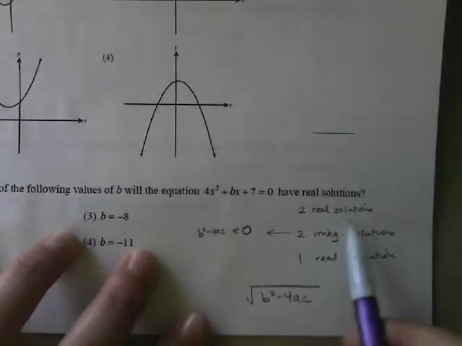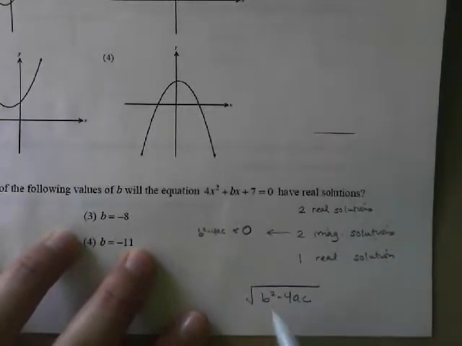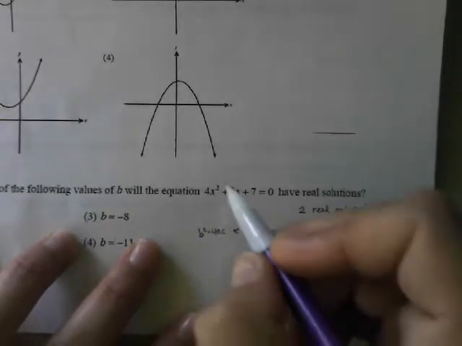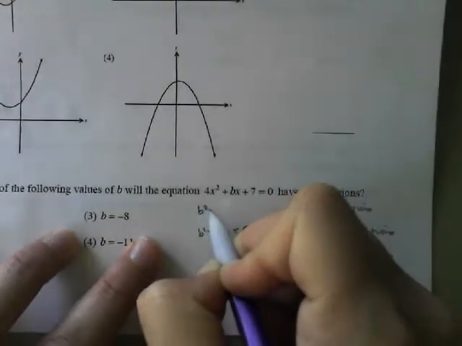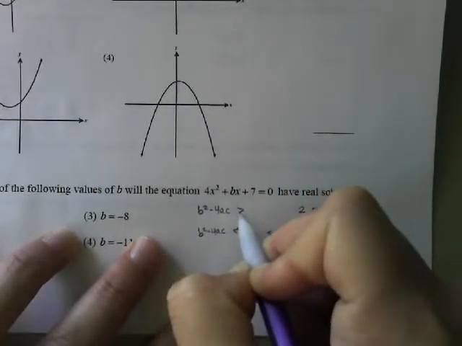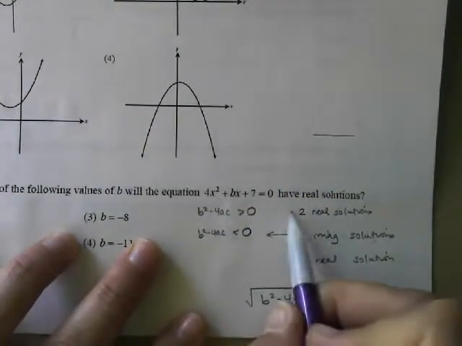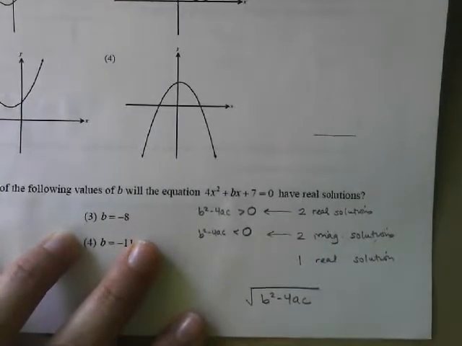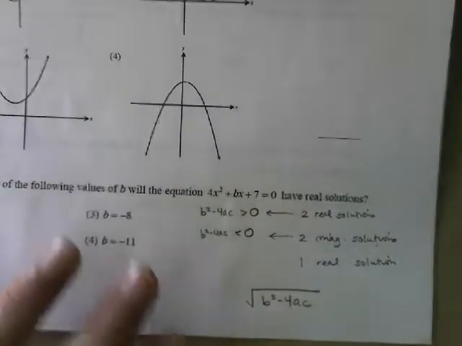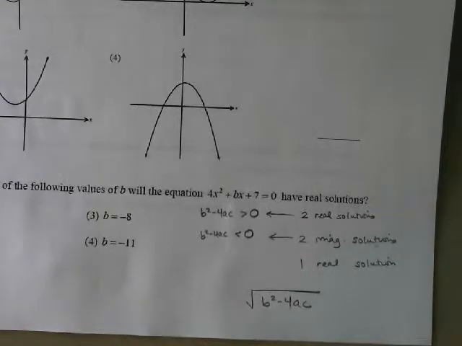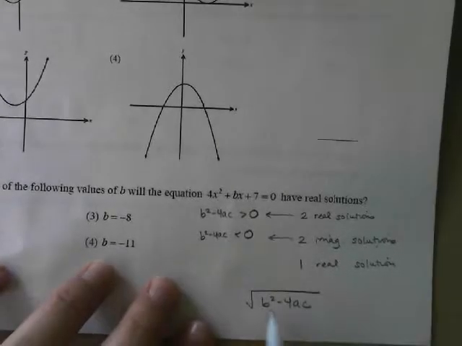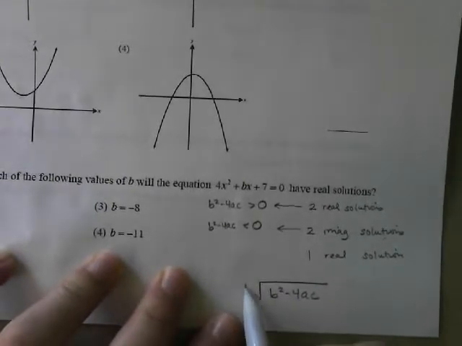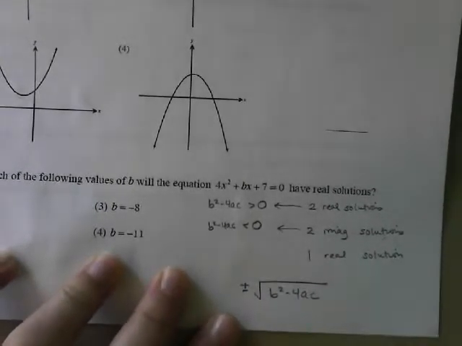If it's two real solutions, well, then you're taking the square root of a positive number. And so that's going to come from when b squared minus 4ac is greater than 0. And with one solution, it's really tied in with two things. Number one, what happens with the radical, but also the fact that there's a plus or minus prior to it.